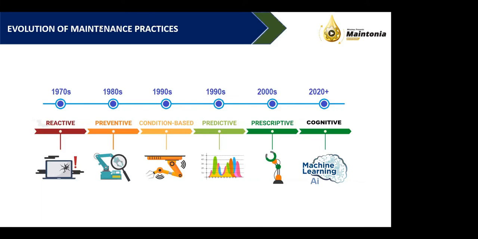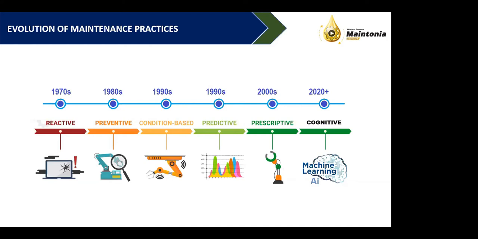Now we are talking about automated maintenance practices like live data recording, live data analysis, alarm generation. Alarm generation has 3 parts: normal, moderate, critical.